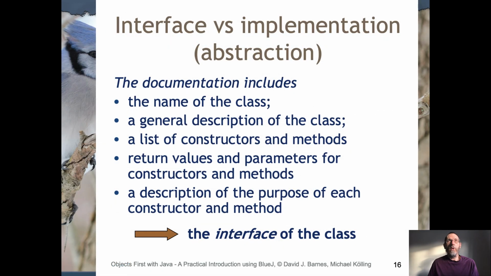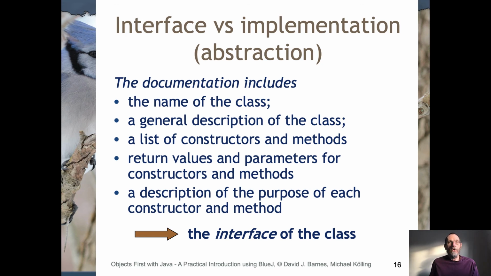So if we summarize what the documentation provides, it provides us with a description of what we call the class's interface. So it includes the name of the class, a general description of the class, a list of the constructors and methods, any return values and parameters of constructors and methods, and a description of the purpose of each constructor and method.